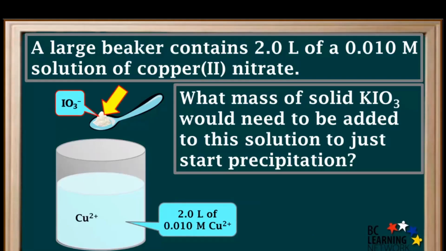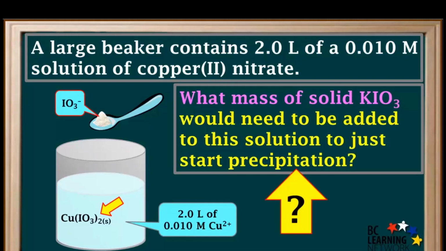When we add a small amount of solid KIO3 from the spoon, we're actually adding IO3 minus, or iodate ions, to the beaker. If the concentration of iodate ions is high enough, some of the ions will move together and form the precipitate CuIO3, or copper-2 iodate. We want to know exactly how much KIO3 needs to be added to just start the formation of the precipitate copper-2 iodate.